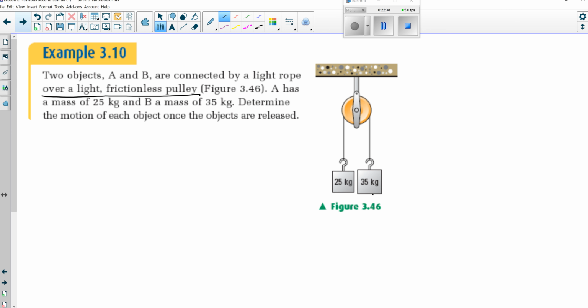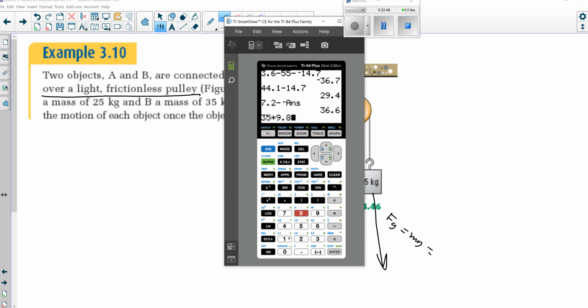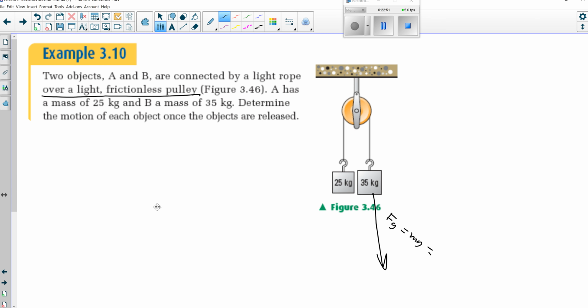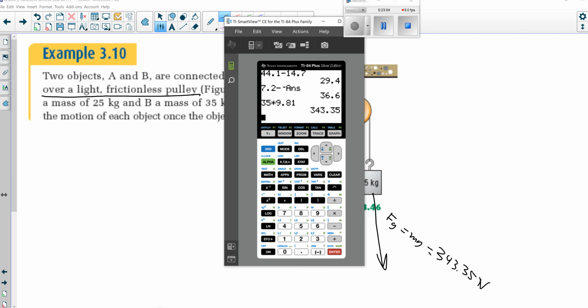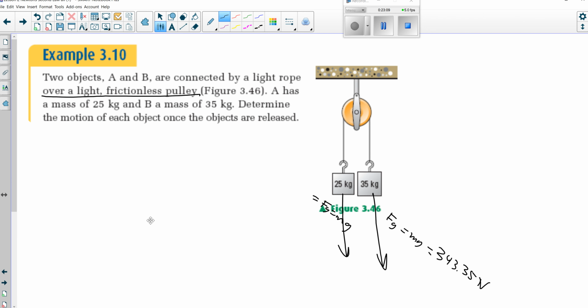So we've got the force of gravity here, and that'll be m times g, so 35 times 9.81, 343.35 newtons, and the force of gravity here, also m times g, 245.25.